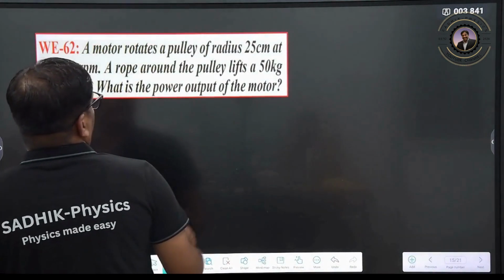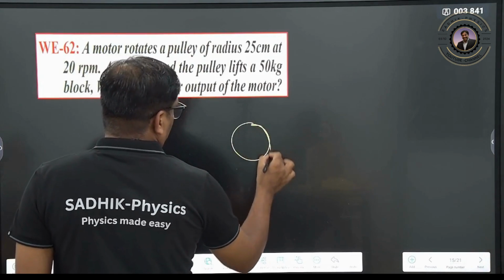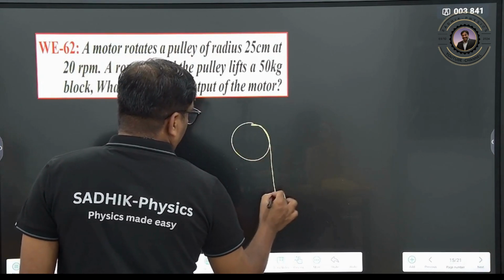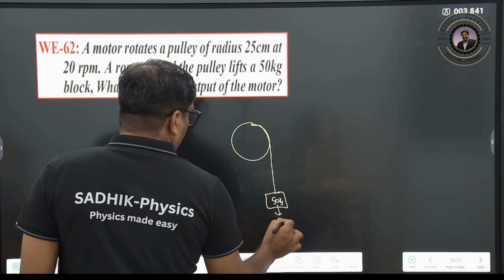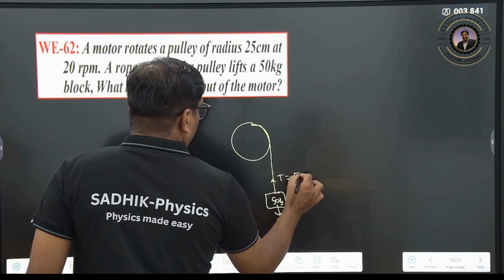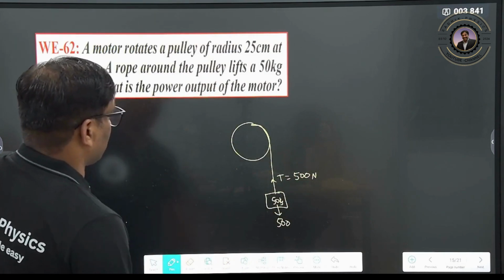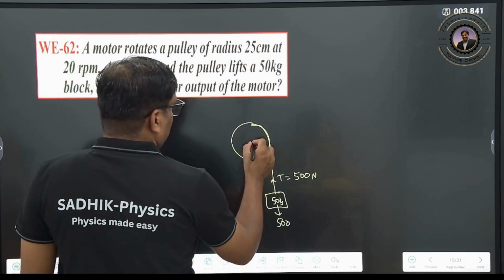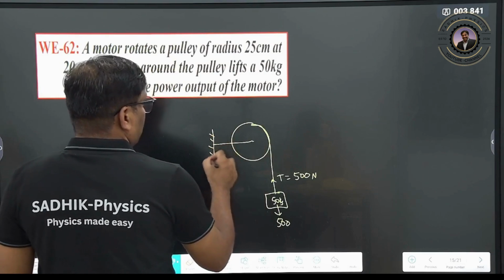Now there is a 50 kg block, it is lifting, so the tension will be equal to 500. There is no acceleration, he did not mention any acceleration here. So due to this tension, they are exerting the torque here.